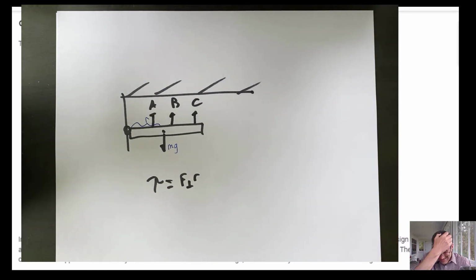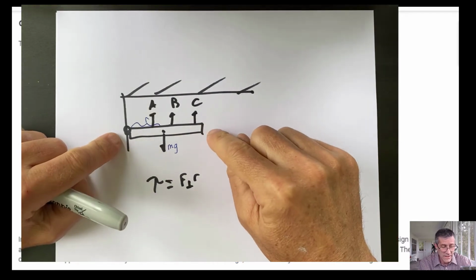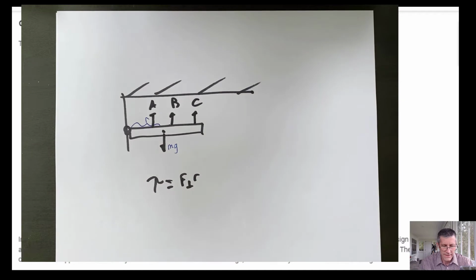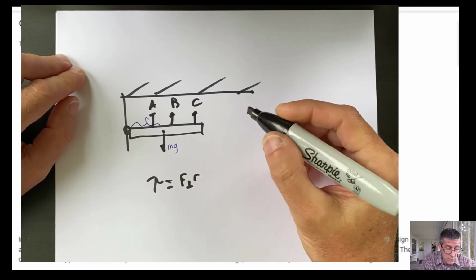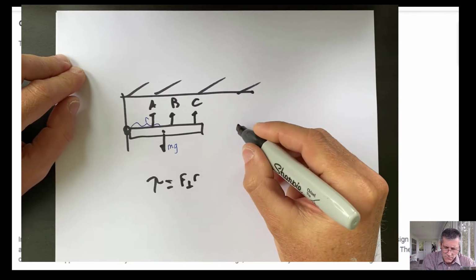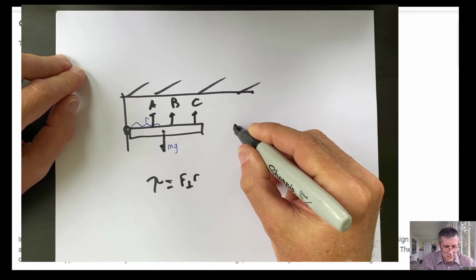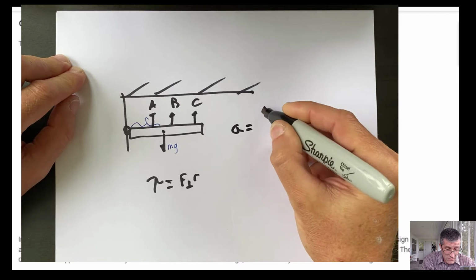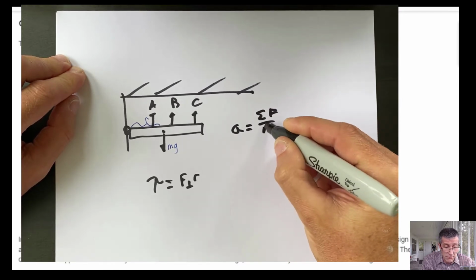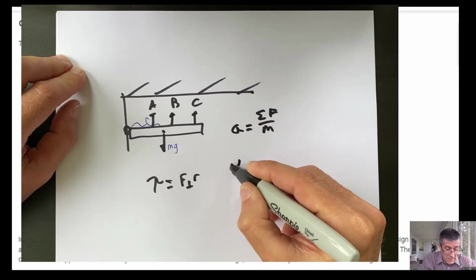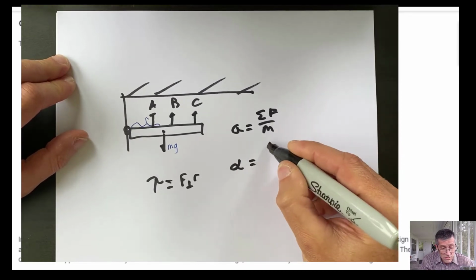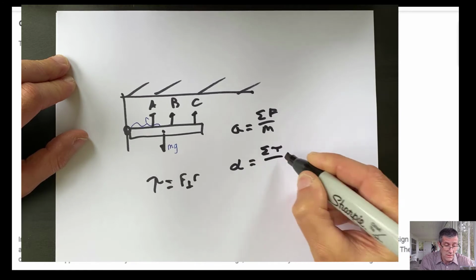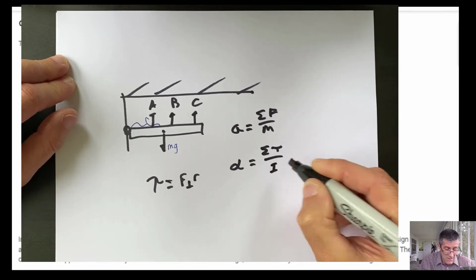Well, let's see. This is static, so it's not going anywhere. So we can think of this in terms of Newton's second law of rotation. Instead of saying acceleration is equal to the sum of the forces over the mass, Newton's second law of rotation says angular acceleration is equal to not the sum of the forces, but the sum of the torques, and not over mass, but over the moment of inertia.